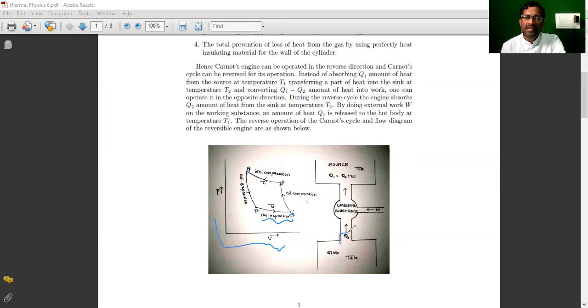An amount of heat Q2 is absorbed at T2 temperature, and an external work W is done on the working substance, and an amount of heat Q1 is released to the hot body at T1 Kelvin, and this Q1 is nothing but Q2, which is the heat absorbed at the sink, plus the external work done on the working substance.